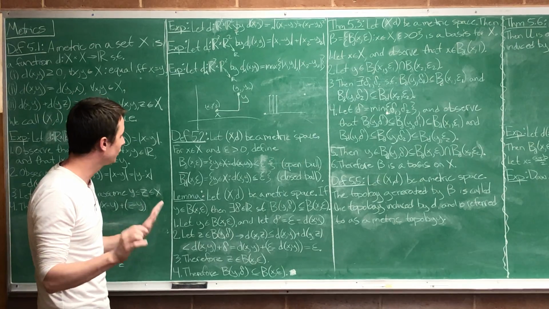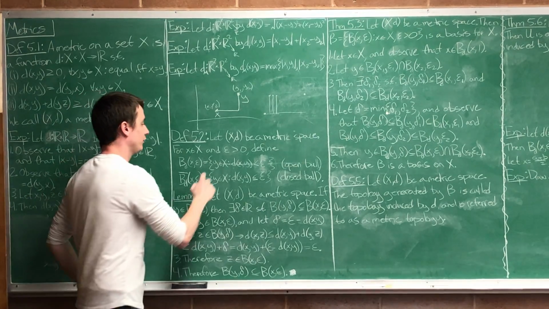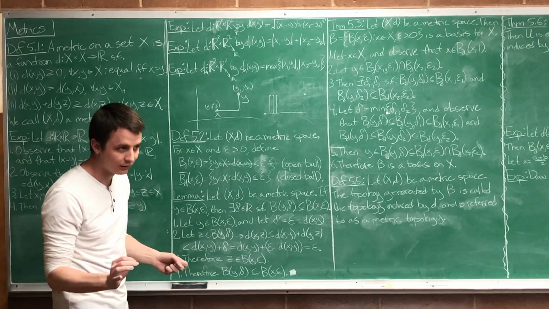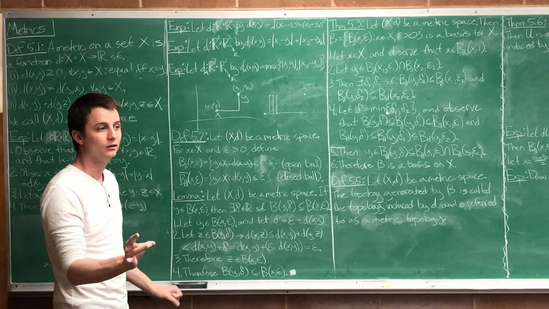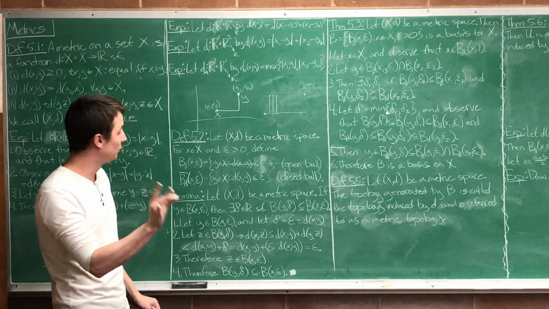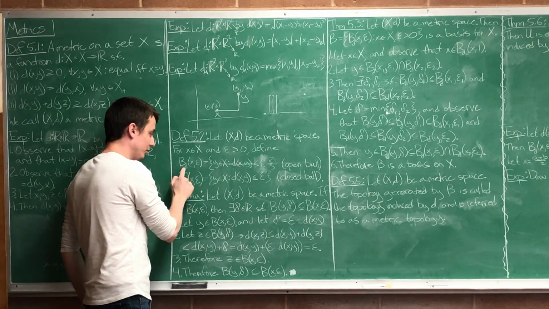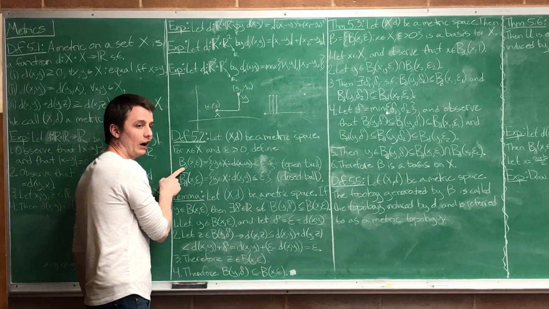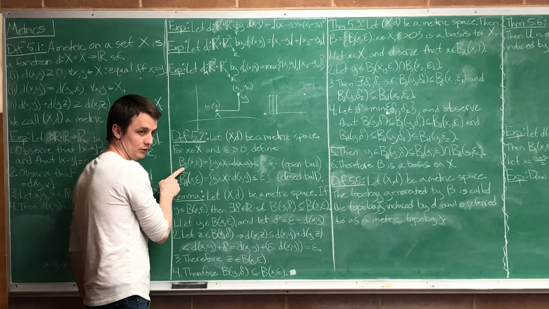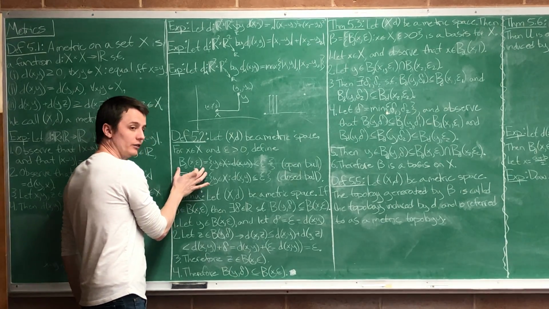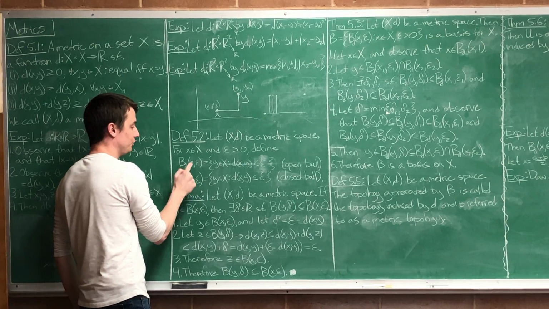It's just that when we were talking about open balls before, our distance function was always the Euclidean metric. Now we're defining open balls again, where our distance function is any metric, and whatever metric you're talking about, you put it right under the open ball. Does that make sense? So this open ball is still the set of all points within epsilon of x.